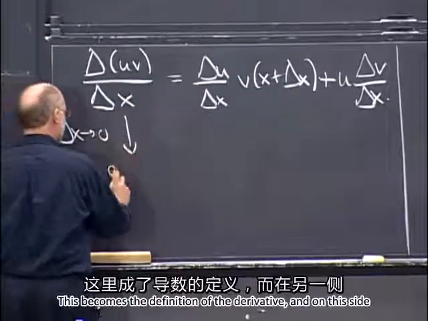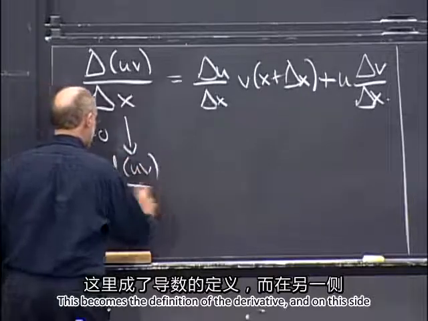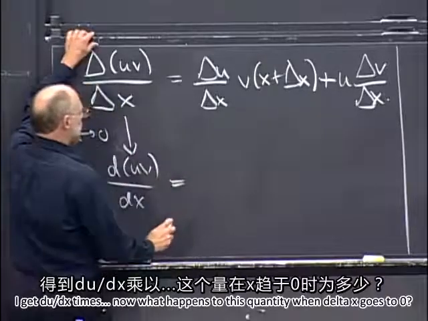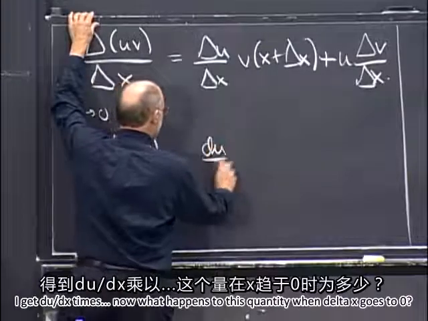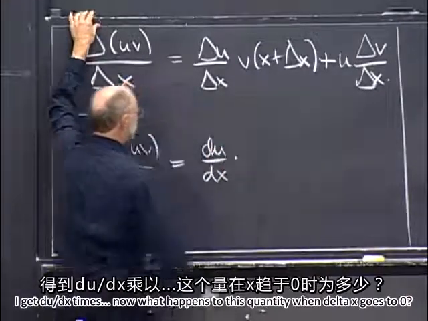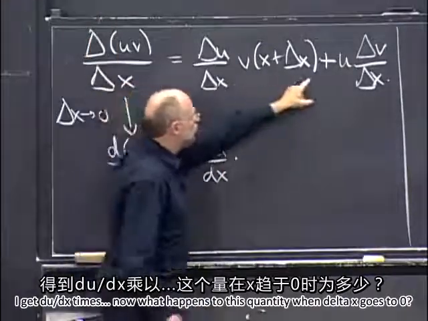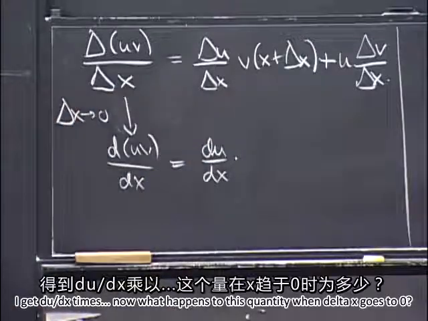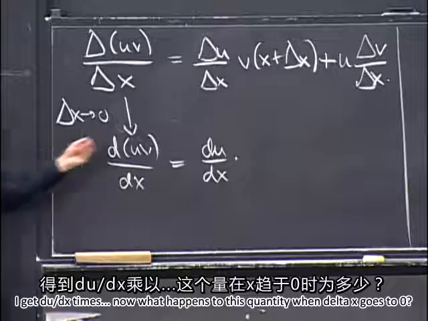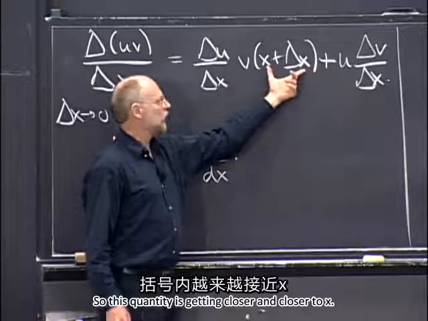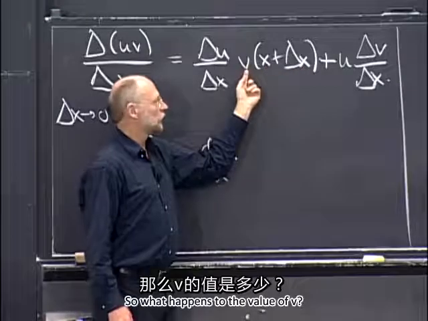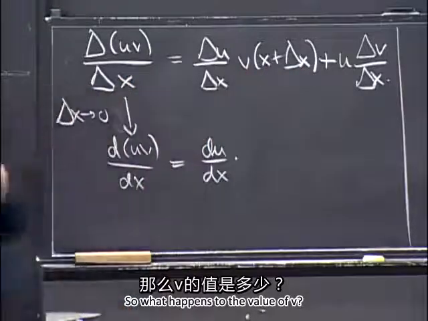So this, as delta x goes to 0, becomes the definition of the derivative. And on this side, I get du dx times, now, what happens to this quantity when delta x goes to 0? So I'm getting closer and closer, so this quantity is getting closer and closer to x, so what happens to the value of v?